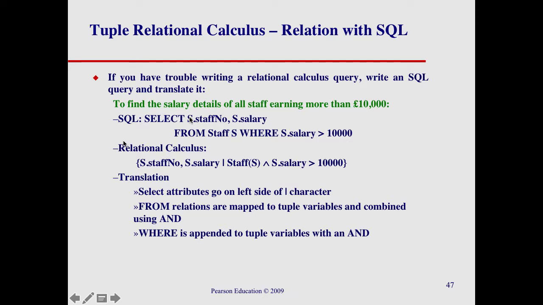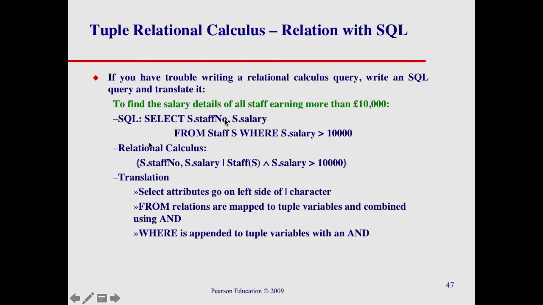And again, the attributes you select go on the left-hand side of the bar. Then every tuple becomes either a free variable or a bound variable.